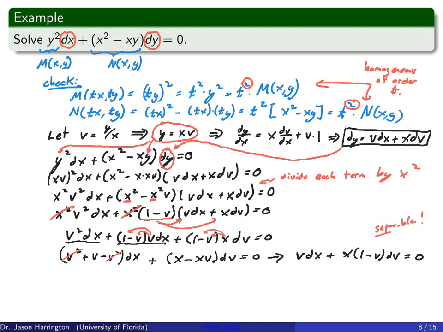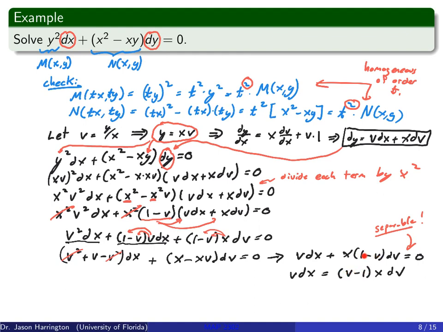Now the neat thing is that when we're at this particular step, this equation is now separable. So what we want to do is put all the x's on one side and all the v's on the other. In this case, I'll keep the dv on the right-hand side by just simply moving this over. Now when I move this over, it's actually minus this, but I can replace that minus with v minus x.